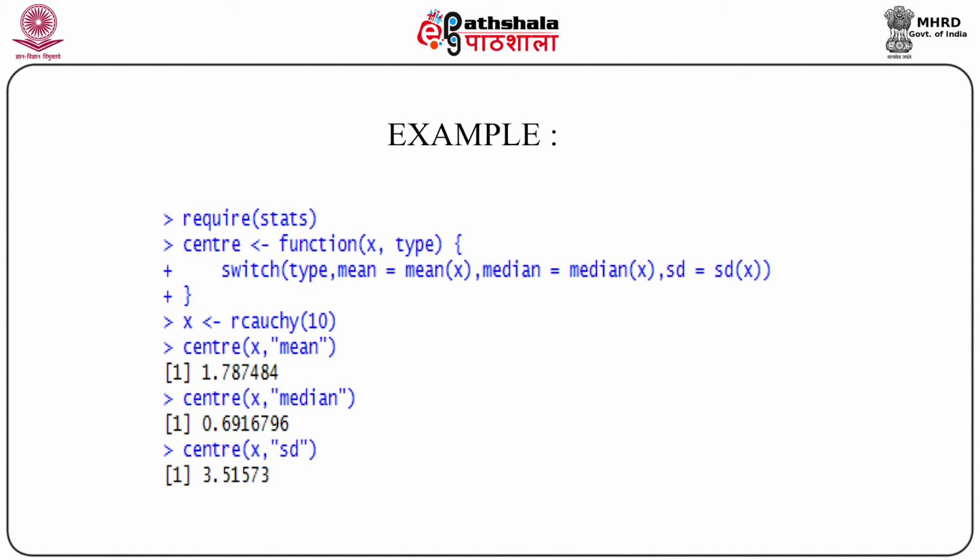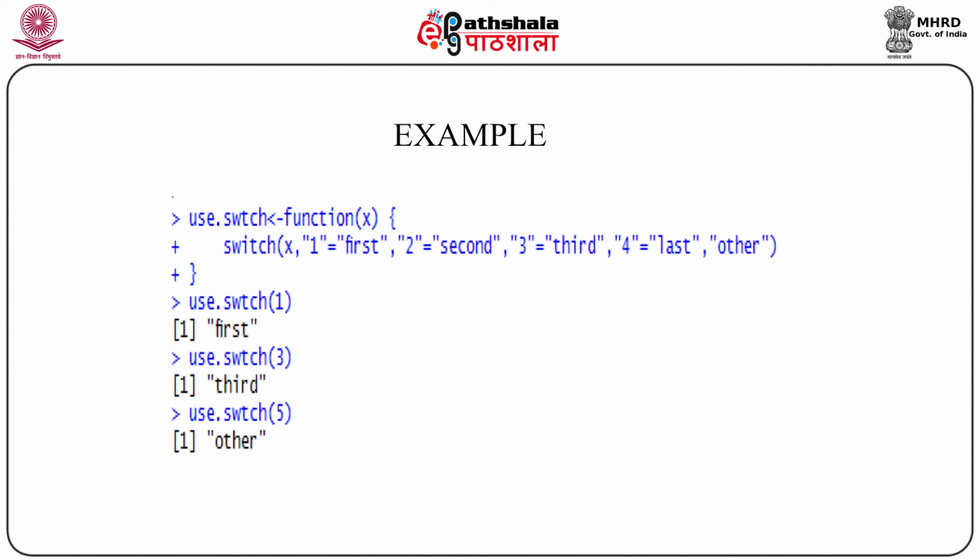Here, we are storing a random sample of size 10 generated from a Cauchy distribution in x, and we want to get the median, mean and standard deviation of these. So we are just using the center function and look at what the output is. We are actually getting what we want.